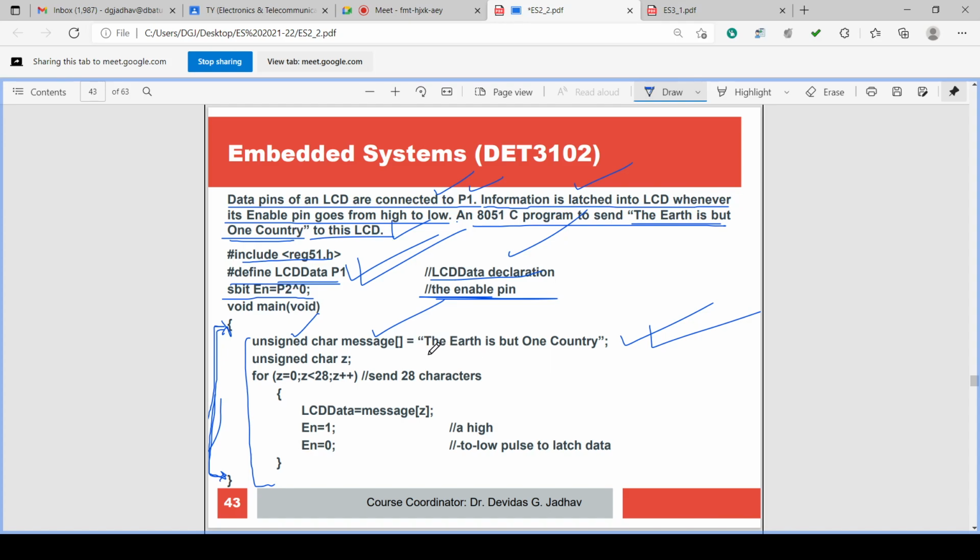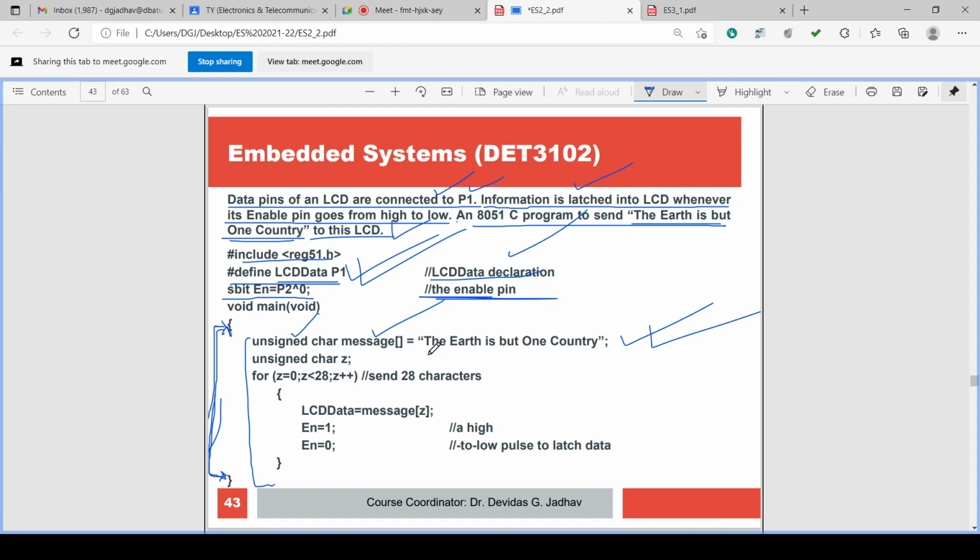Whatever we want to store into that array is declared here. unsigned char message[] = "the earth is but one country"; and semicolon. So the earth is but one country is stored into that array message. Message named array is now having the characters, the earth is but one country.